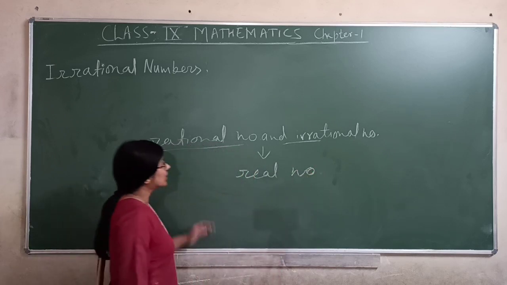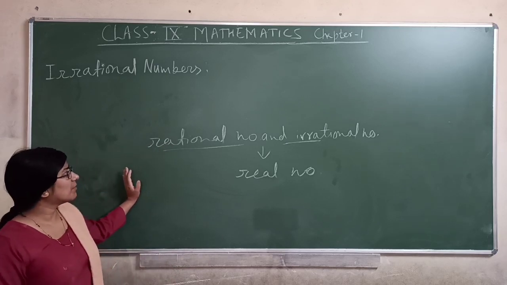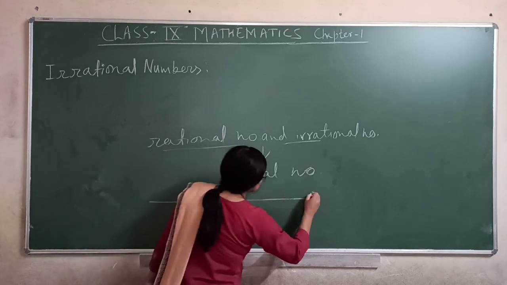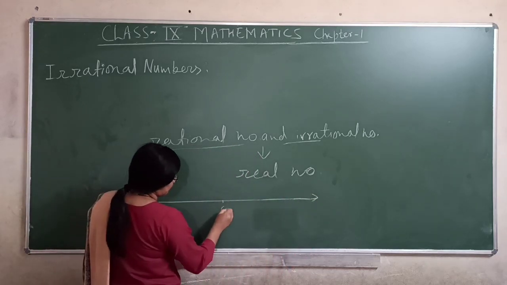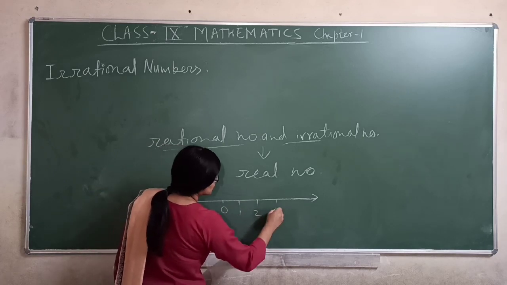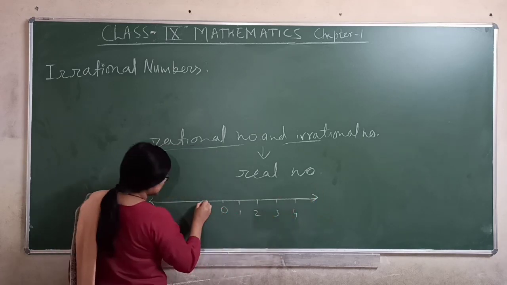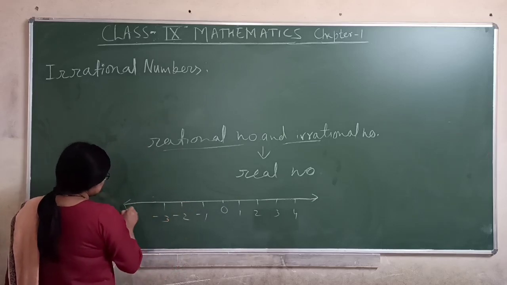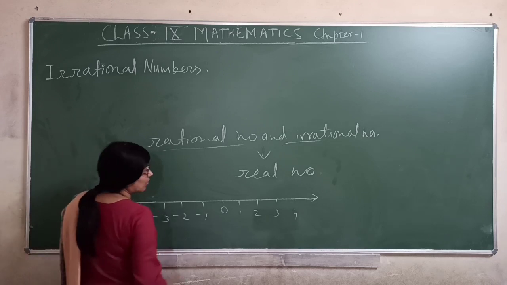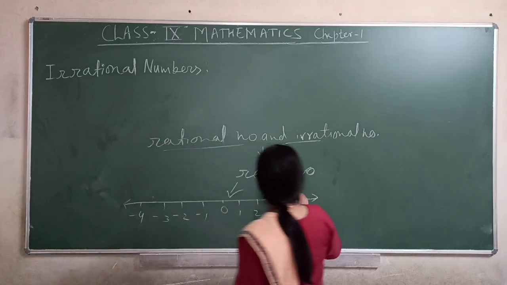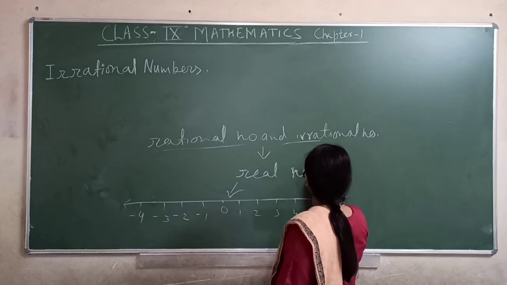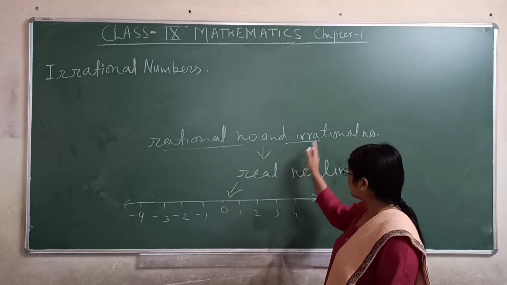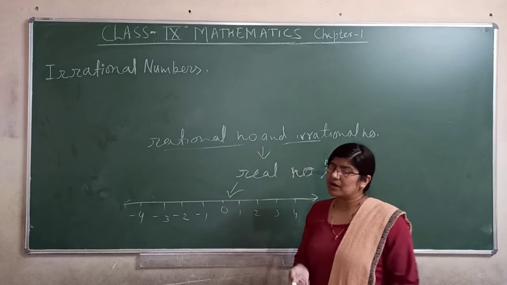So we draw a number line: 1, 2, 3, 4, like that, and -1, -2, -3, -4. This is called the real number line. We can represent both rational and irrational numbers on it.